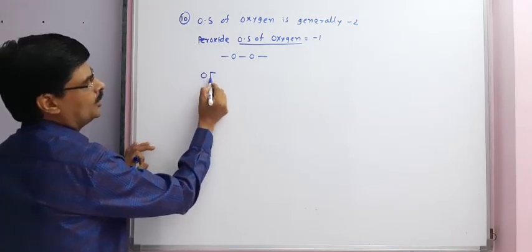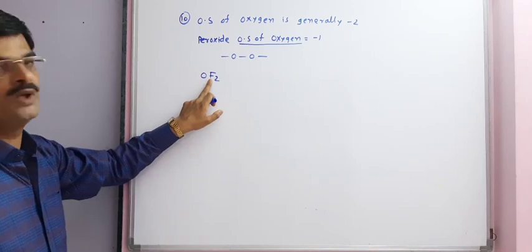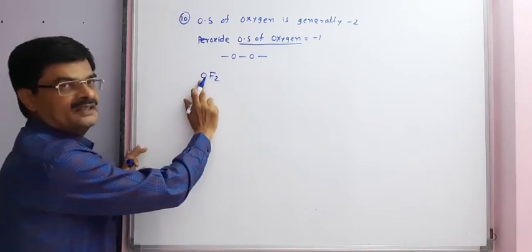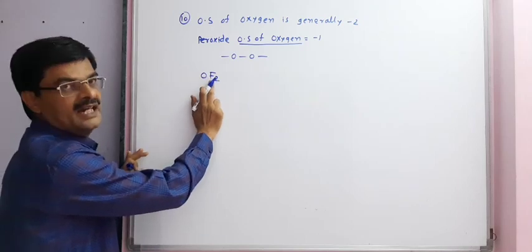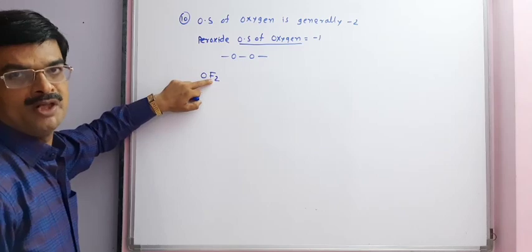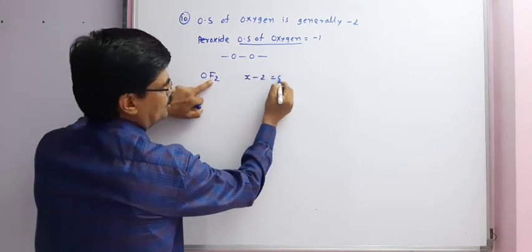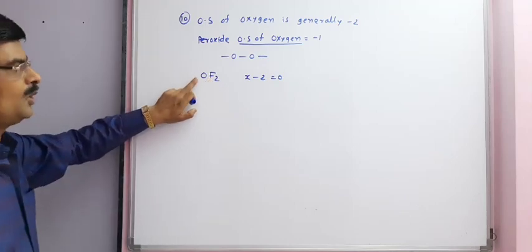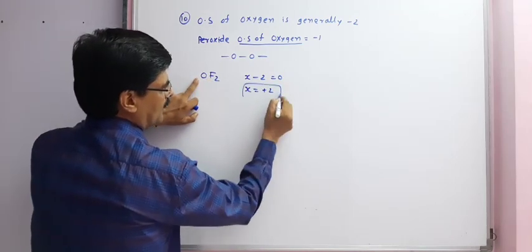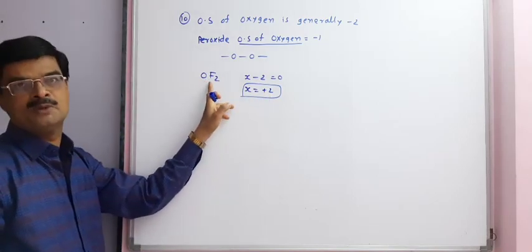In case of OF2, as fluorine is more electronegative than oxygen, oxygen will get a positive and fluorine a negative oxidation state. Taking the oxidation state of fluorine as -1, we get X - 2 = 0, so for oxygen we have oxidation state +2 in OF2.